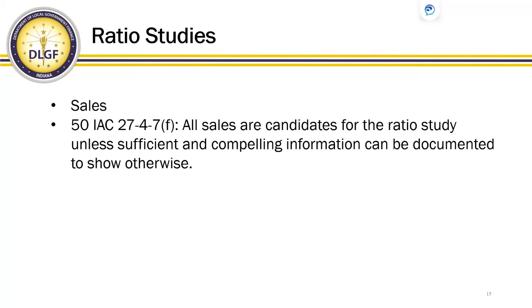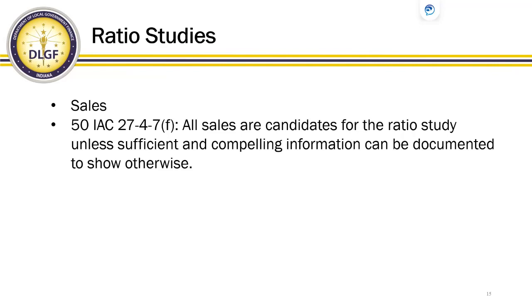All sales are candidates for submission to the ratio study, unless sufficient and compelling information can be documented to show otherwise. What would make a sale not potentially be used in the ratio study? That could vary.